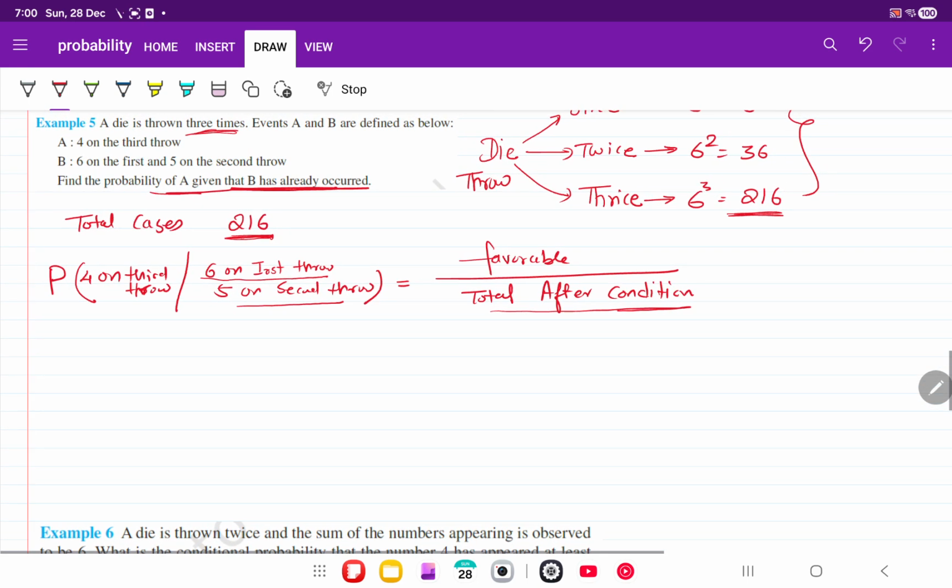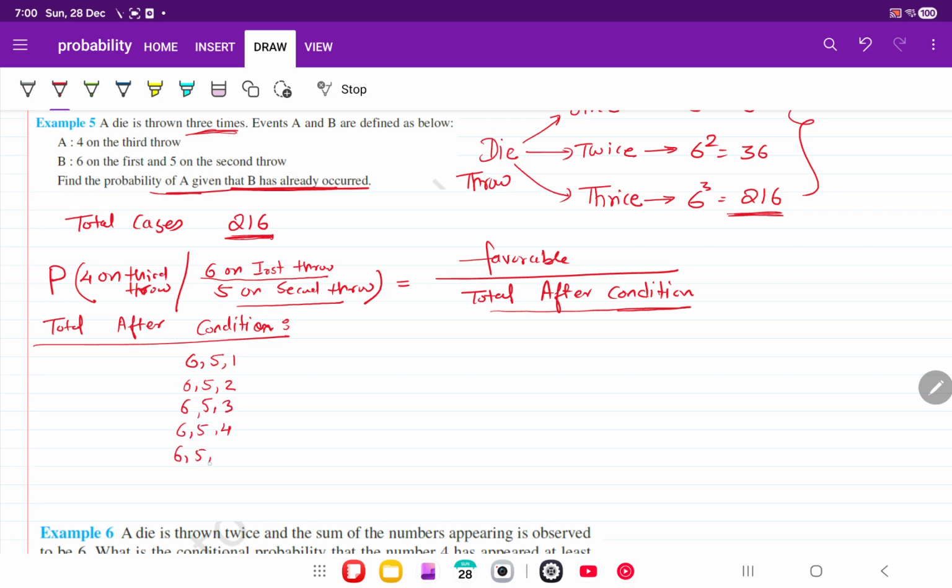Only those cases we have to take. Otherwise there are 216. So let me write, total after condition. 6, 5, maybe 1, right? 6, 5, maybe 2, third, because in the first and second it is fixed, 6 and 5. Then 6, 5, 3; 6, 5, 4; 6, 5, 5; or 6, 5, 6.